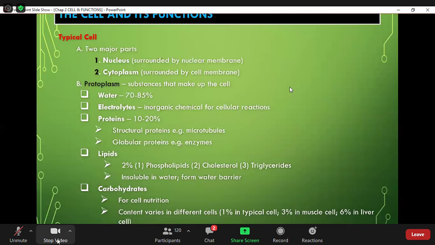Then now we will go to the cell. There are two major parts of the cell, okay? The nucleus and the cytoplasm. The nucleus is surrounded by a nuclear membrane, and the cytoplasm is surrounded by the cell membrane.